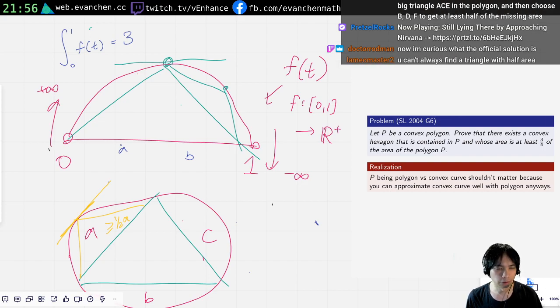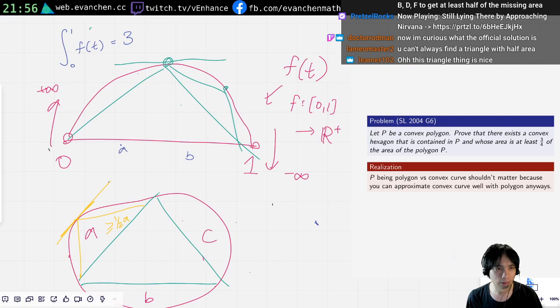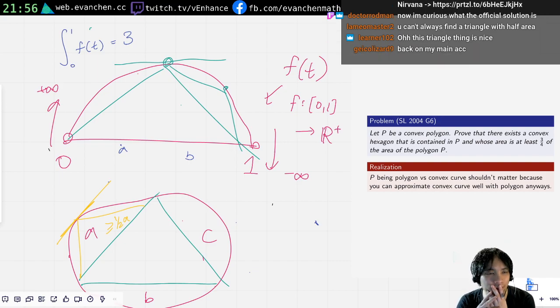You can't always find a triangle with half area? Seriously? I can't? No! Why not? If it's a circle, can I get half? Oh yeah, you probably can't always get half. I agree, actually.